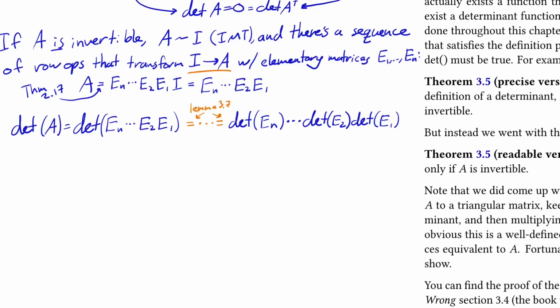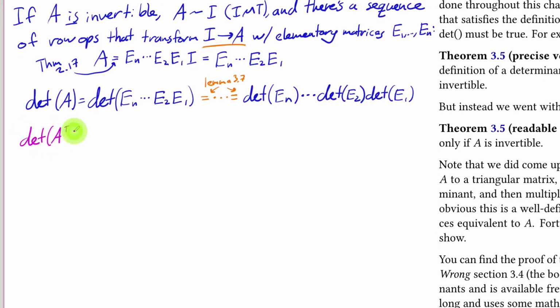Now, what about the transpose of A? Well, that's just the determinant of the transpose of the product of all these matrices. And we know the transpose of a product is a product of the transposes separately, but you've got to multiply them in backwards order.